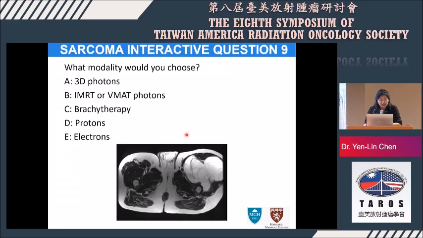Lastly, what modality would you choose? So you have the interactive: 3D, protons, IMRT, VMAT, brachytherapy, protons or electrons for this patient with the deep sarcoma.